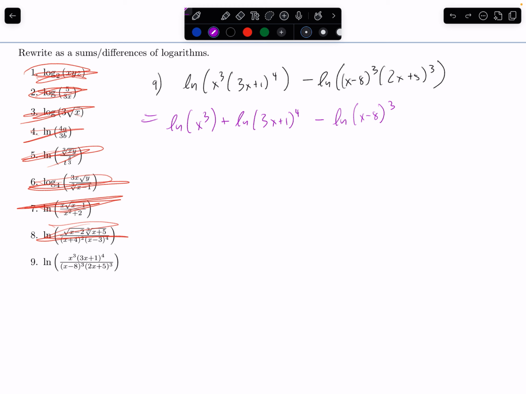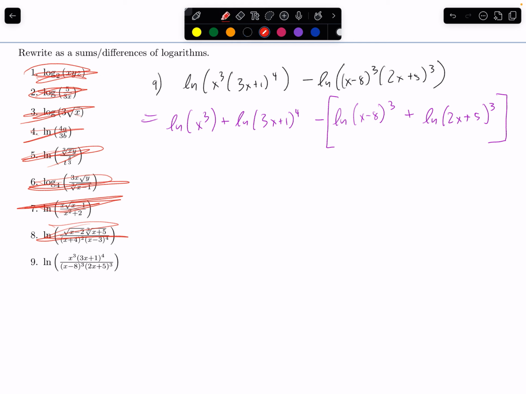You're minusing this whole thing, right? So parentheses here, or maybe even brackets, because brackets mean the same thing as parentheses, but just visually maybe easier to see. Plus ln of (2x plus 5) cubed. Bracket.